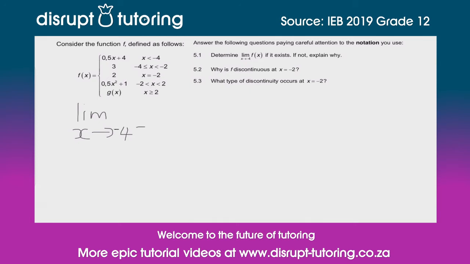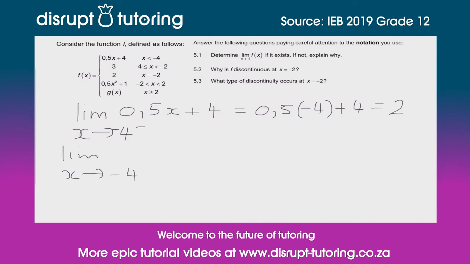That would be working with this part of the function, and that would then be evaluated as 0,5 times minus 4 plus 4, which is 2. Now the limit as x tends to minus 4 from the right is the limit of 3, which is 3.